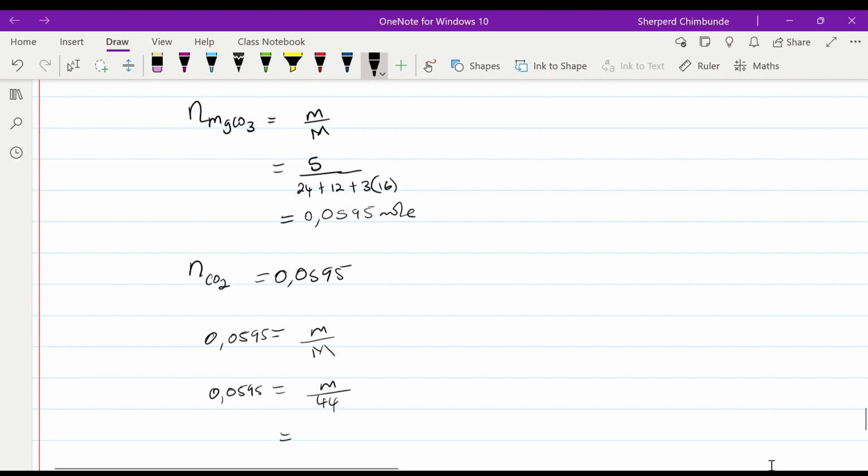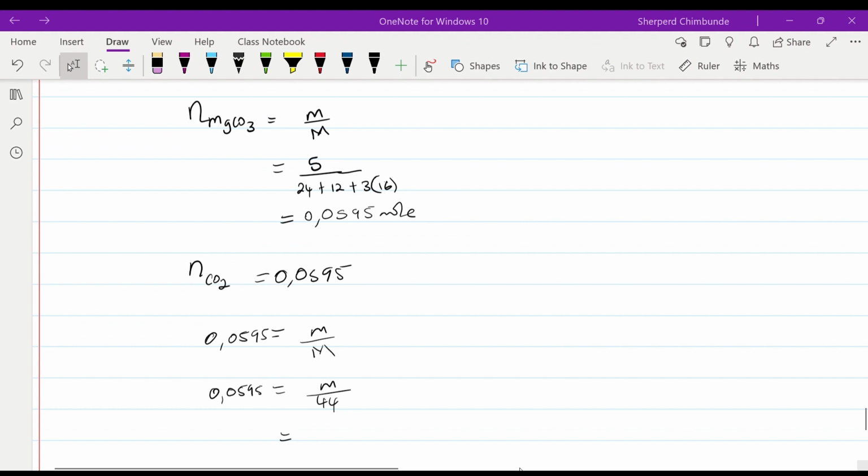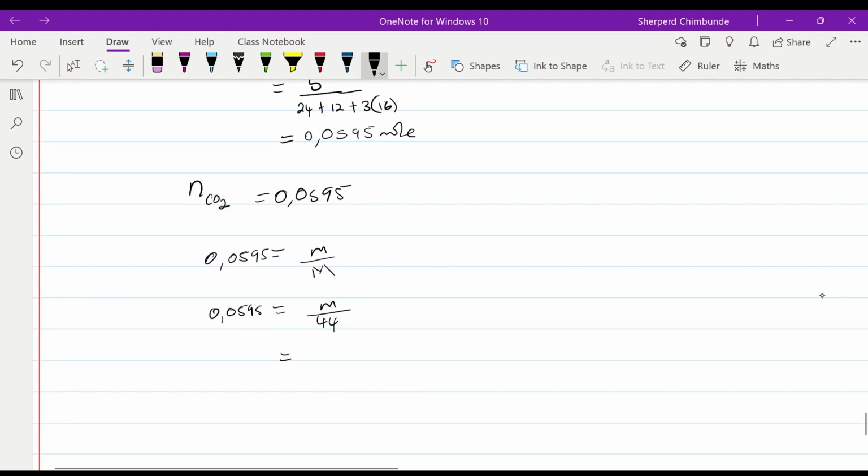So we multiply the value we got, which I still maintain on my calculator, by 44. That's going to give me 2.61. So 2.61 grams of carbon dioxide will be formed.